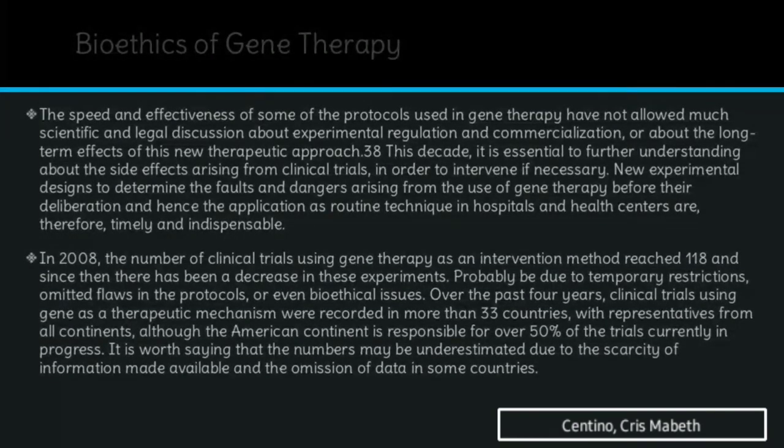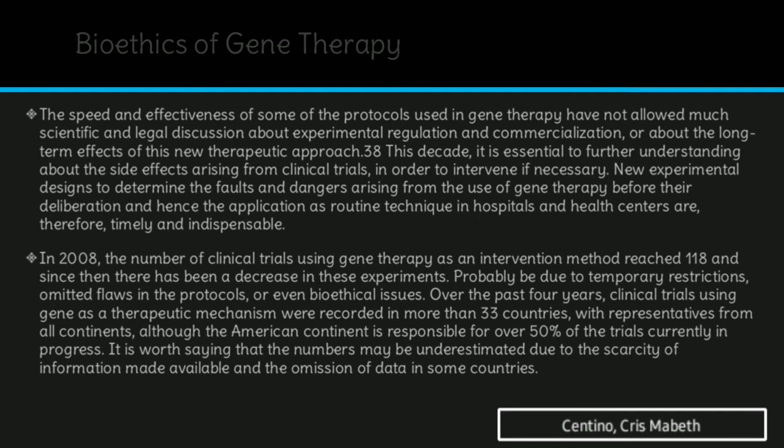In 2008, the number of clinical trials using gene therapy as an intervention method reached 118, and since then there has been a decrease in these experiments, probably due to temporary restrictions, flaws in the protocols, or even bioethical issues.